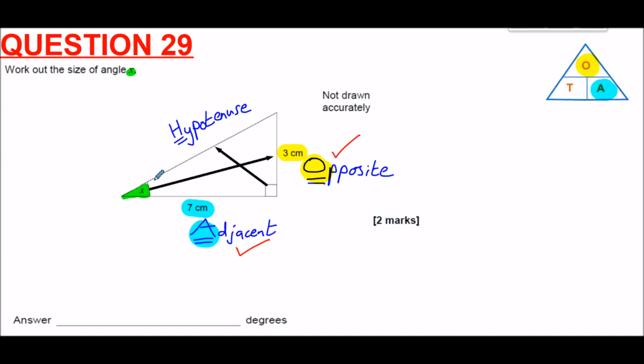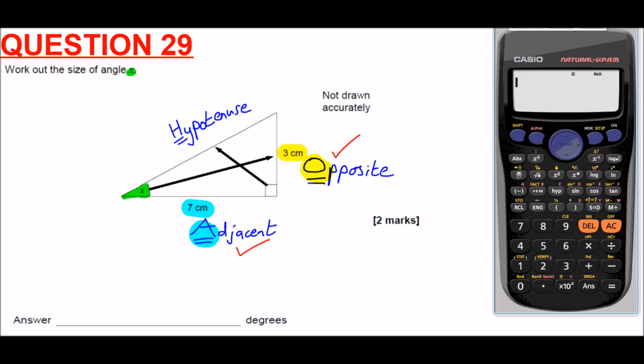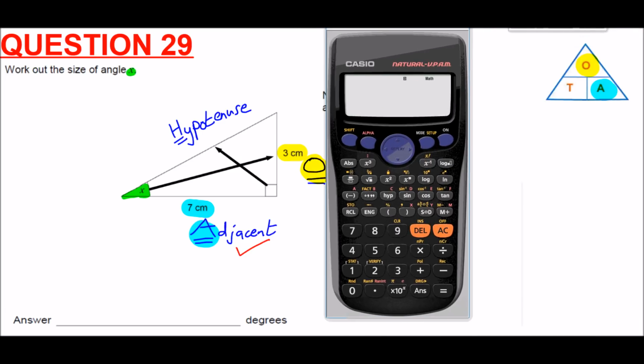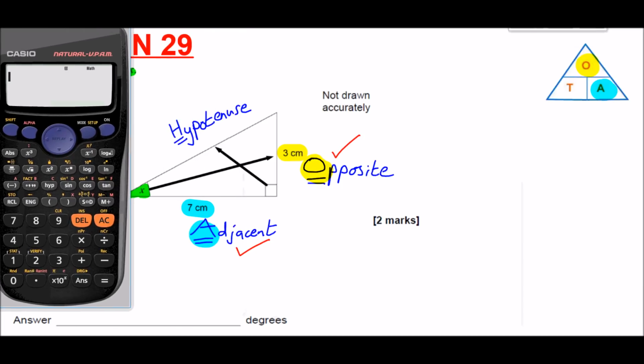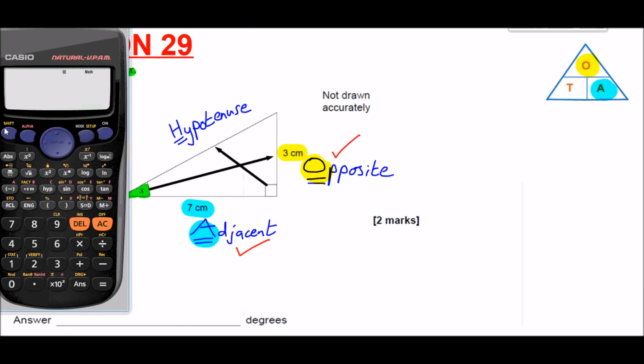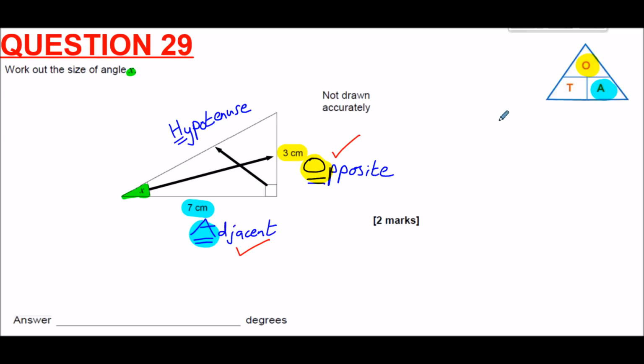Now, because we're finding an angle, what we do is we use the shift button. That's the only time we'd need to use the shift button, is if we're finding an angle. So what I'm going to do, I'm just going to get the calculator here, put it to one side, and we do shift tan, because we're interested in the T for tan triangle. And what we're going to do is tan minus 1, it's called, inverse tan.